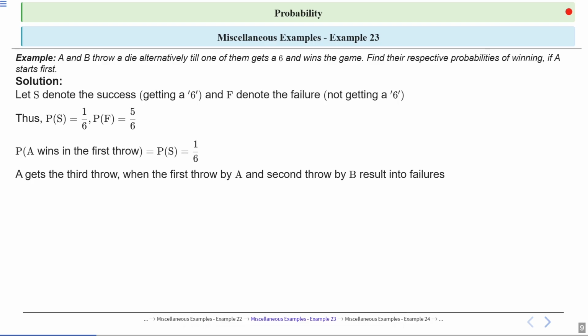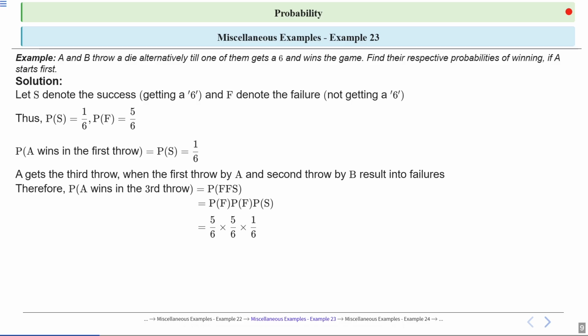A wins on the third throw when the first throw by A and the second throw by B result in failures. So probability of A winning on the third throw equals probability of F F S, which is probability of F times probability of F times probability of S, equal to 5 by 6 times 5 by 6 times 1 by 6.